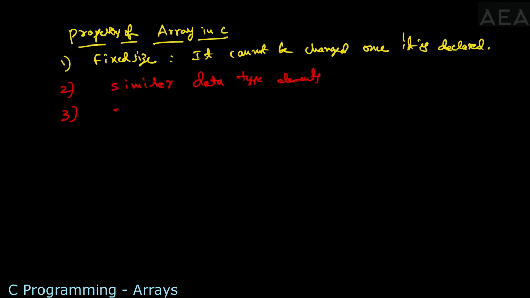Another property: if the size of the array is n, then the index positions start from 0 and go up to n minus 1. This is also another property of an array. So this part generally comes under the introduction to arrays.